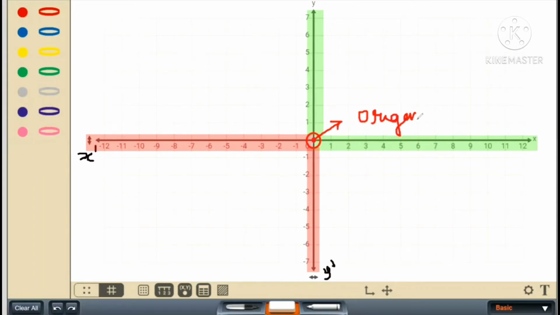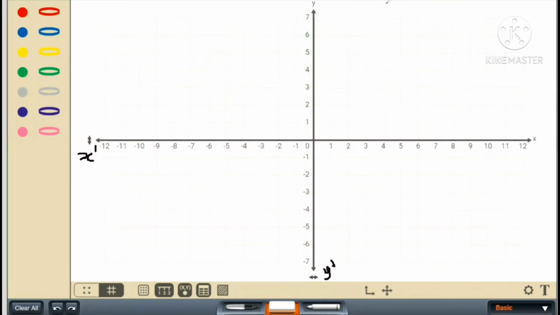What angle forms when the two lines intersect? A 90-degree angle forms. Let's see the coordinates of the origin. The x value is 0 and the y value is also 0. So the coordinates of the origin are 0, 0. That's the intersection of both the axes.